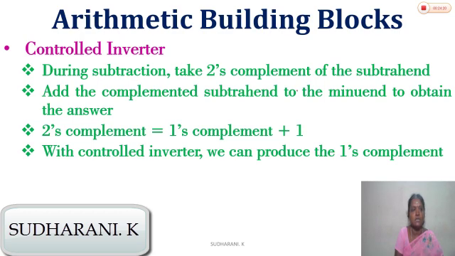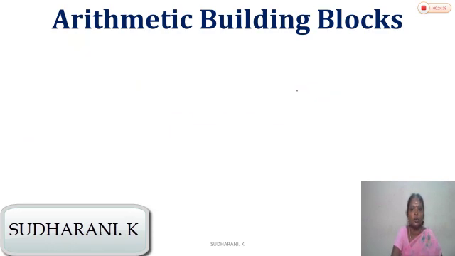And 2's complement is nothing but 1's complement plus 1. With the controlled inverter, we can produce the 1's complement, and it will be very helpful during a subtraction operation. That is the purpose of a controlled inverter.